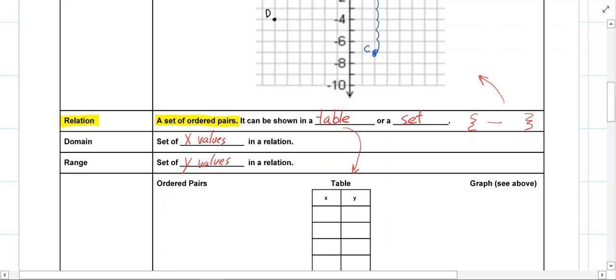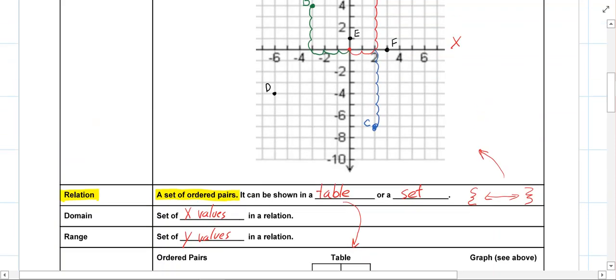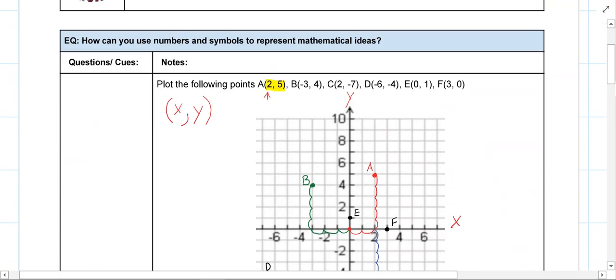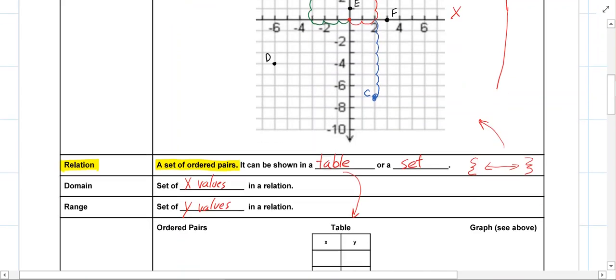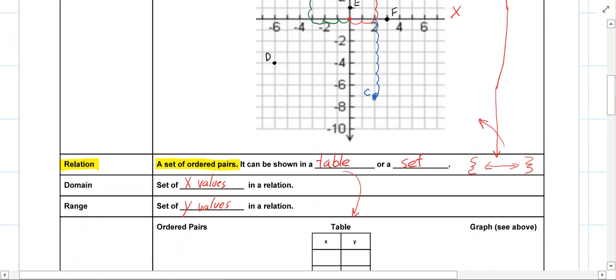Well, all you have to do is enter all of the ordered pairs that are in this table set. Where would you find those? Well, you look right back up here, and here they are. Enter all these down into here, and now you've put them into a set.